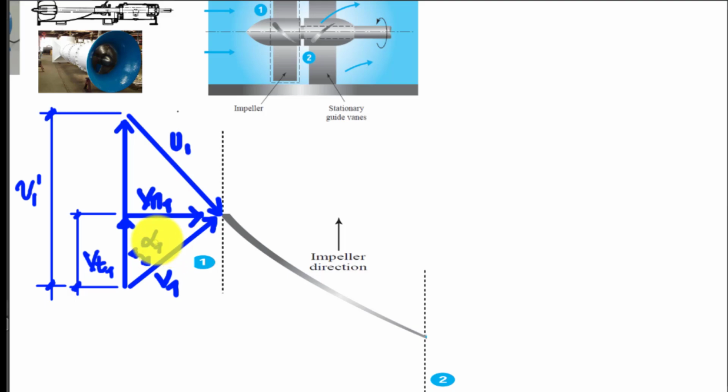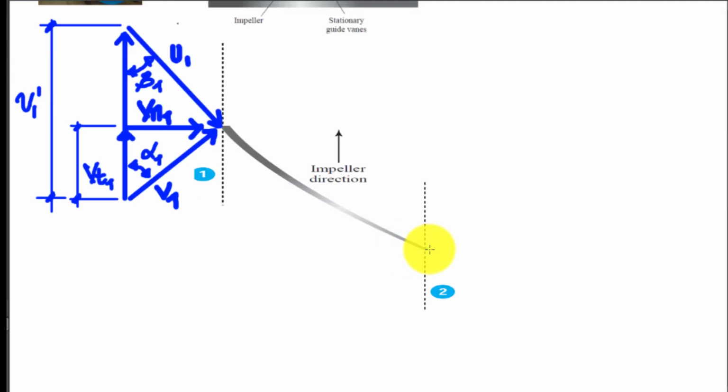So this is my alpha 1. And the angle between the relative velocity and the peripheral velocity of the vane, I'm going to name as beta. It will be beta 1.